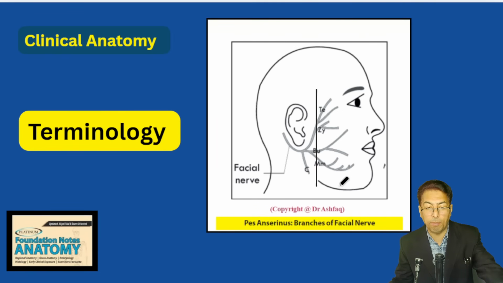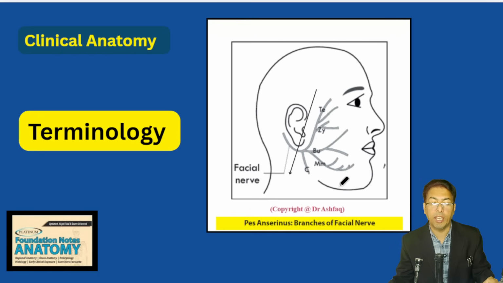Any plastic surgeon, any refined surgeon with a good anatomical knowledge, will always try to give transverse incisions, not vertical incisions, because one vertical incision can destroy and damage all the branches of the facial nerve, all the pes anserinus.